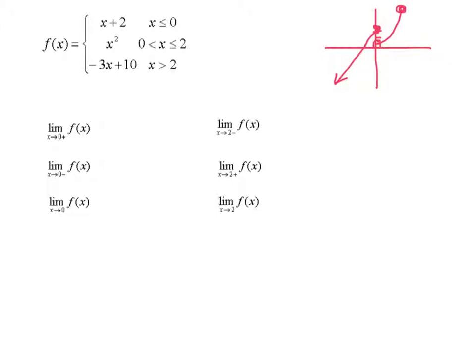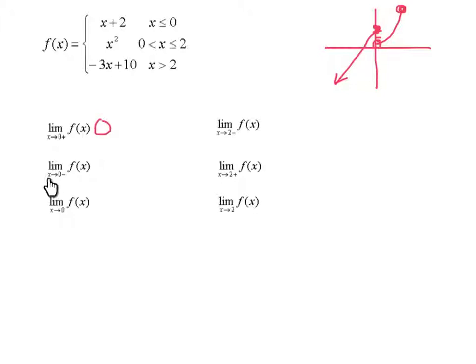You could certainly draw that piecewise function and get the answers that way, but I'm going to try it without it. If I'm approaching 0 from the positive side, that means I'm looking for the function that's bigger than 0. Well, this is the function that's immediately bigger than 0, and if I plug in 0 to this, I get 0.